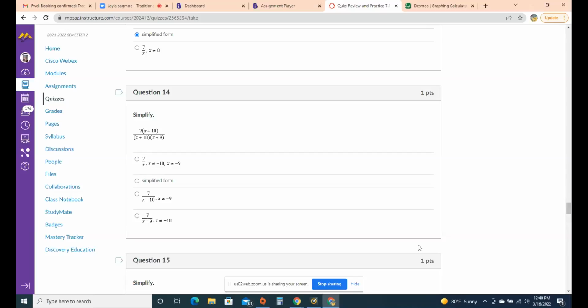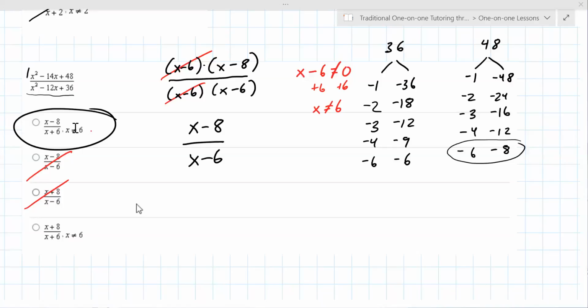So let me share my screen here, because I was trying to ask you. 7 over X plus 9. That's what it reduces to. But let me just share my screen real quick. This part in red, that's how you figure out what X does not equal.